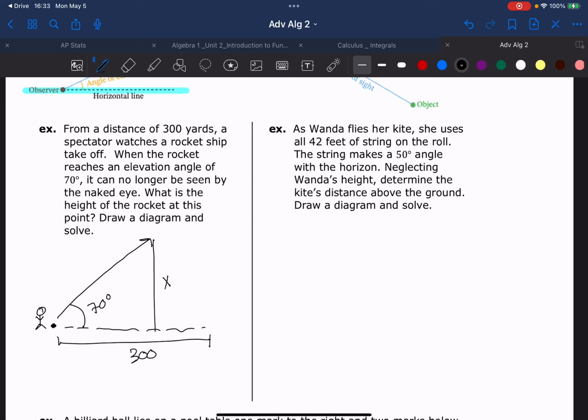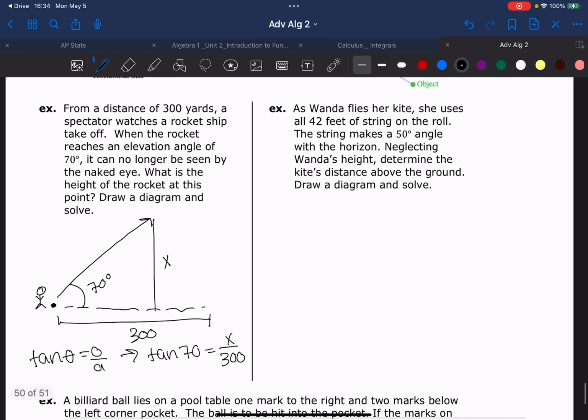Okay, so notice that we have our angle, okay, 70 degrees. We have our distance of one side being 300, and we need to find the distance x. Well, since we have a 70-degree angle and the adjacent value, and we need to find the opposite value, we know that tangent of theta is equal to opposite over adjacent, which means tangent of 70 is equal to x over 300.